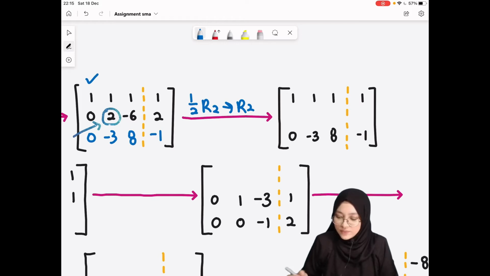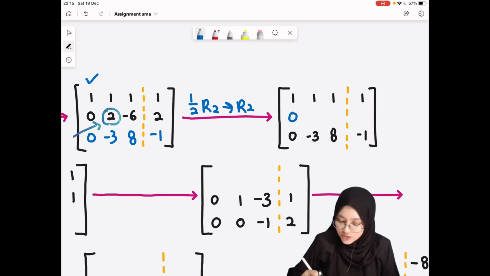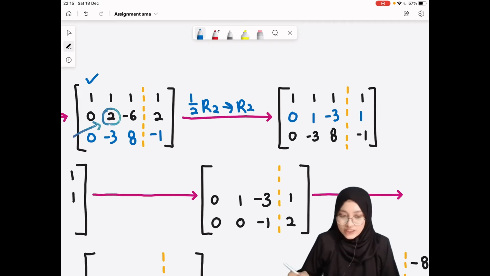For the first and third row, we just copy them back since we need to make a change in row 2. So 1 over 2 times 0, we will get 0. 1 over 2 times 2, we will get 1. 1 over 2 times negative 6, we will get negative 3. 1 over 2 times 2, we will get 1 here.